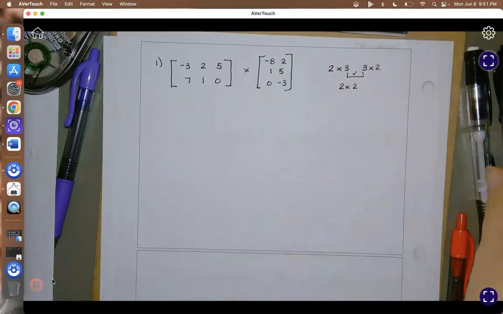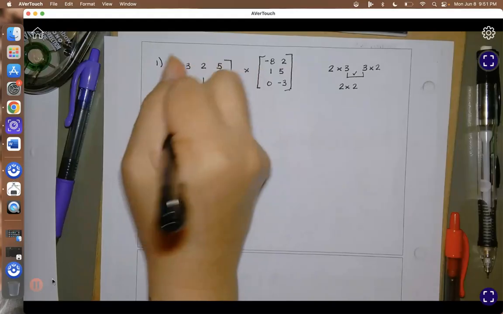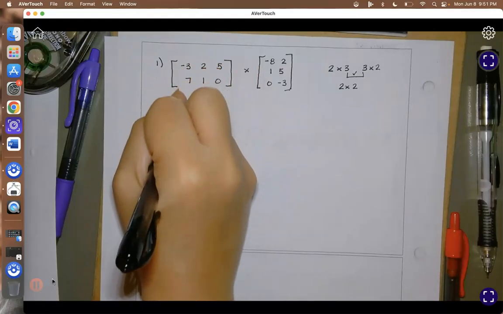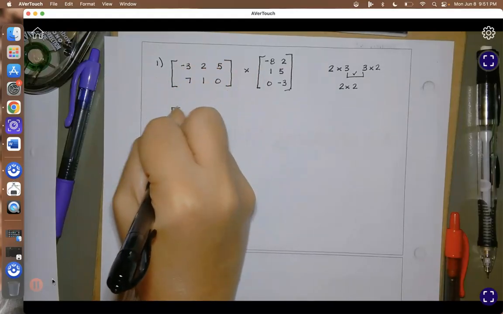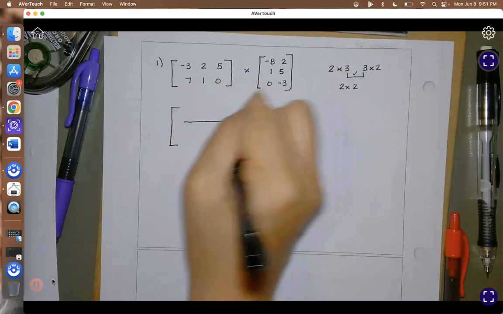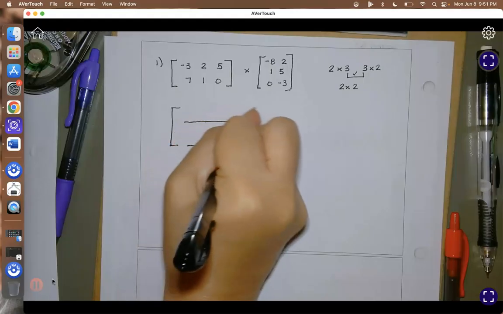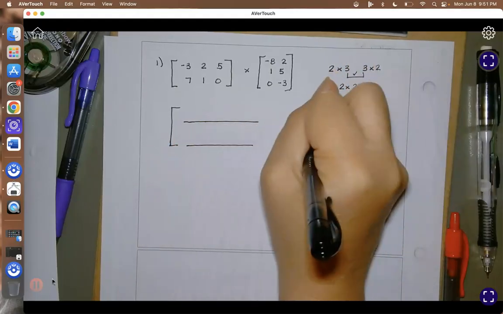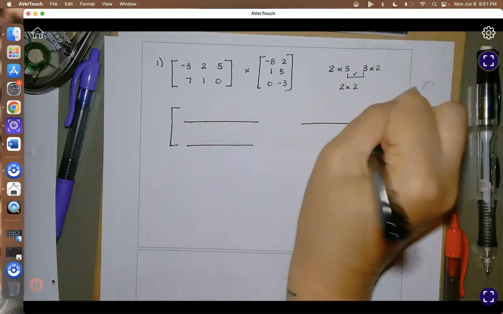Now, when I go to set this up, I'm going to make this kind of large to begin with.